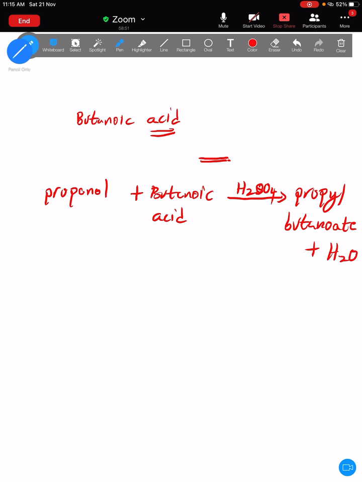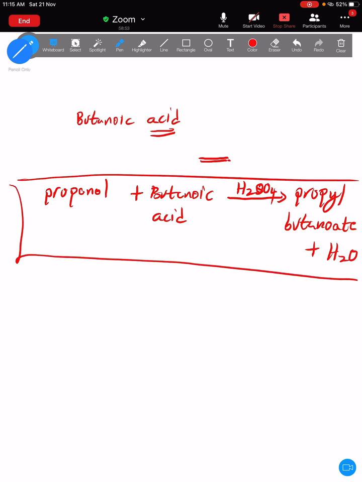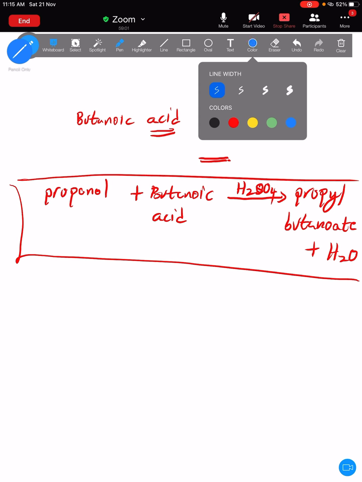So guys, as you can see, this is not the chemical equation. This is what we call a word equation. Some of the students have difficulty understanding this.